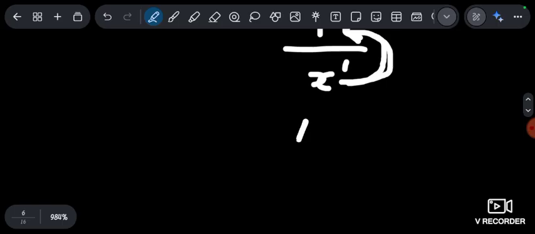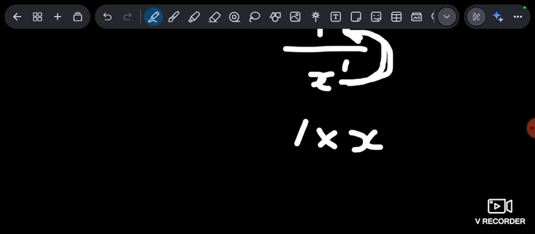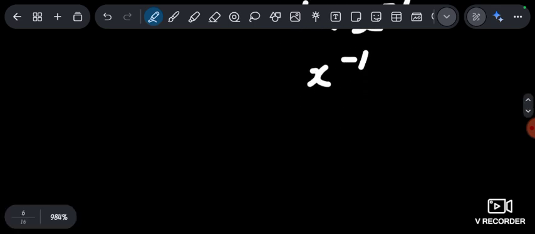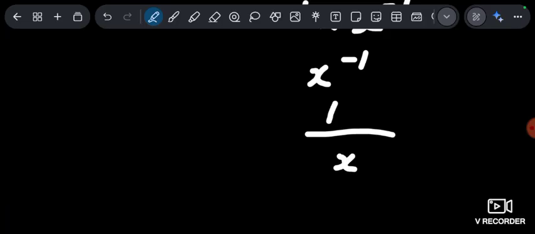You're going to say 1 multiplied by x is going to be 1, negative 1, because it had 1 as an exponent, so it must become negative 1. What you're going to find there is x to the power of negative 1. So if you want to change this, you just say 1, then you put the denominator back to its original place, but with a positive exponent.